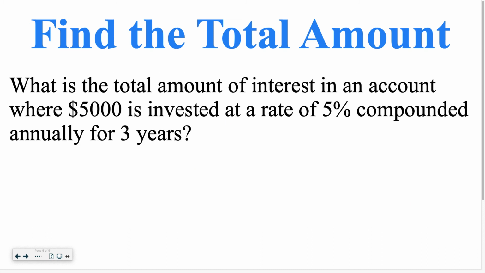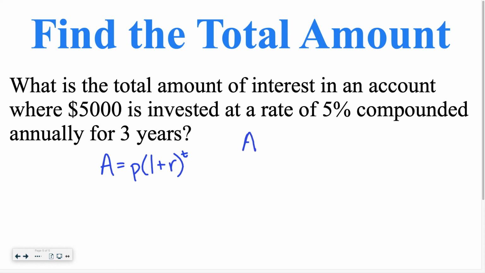Okay, now this last question for today, find the total amount. What is the total amount of interest in an account where $5,000 is invested at a rate of 5% compounded annually for 3 years? So again, A equals the principal times 1 plus r raised to the t power.